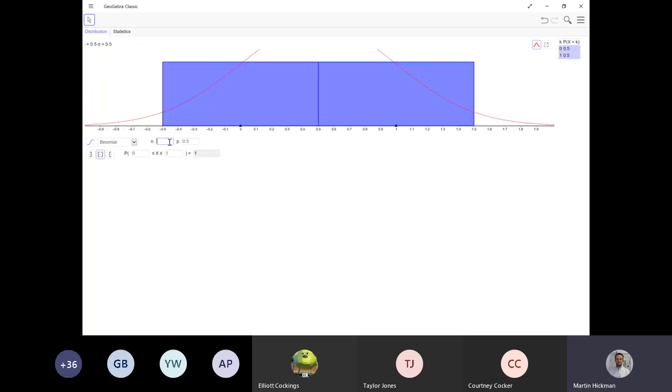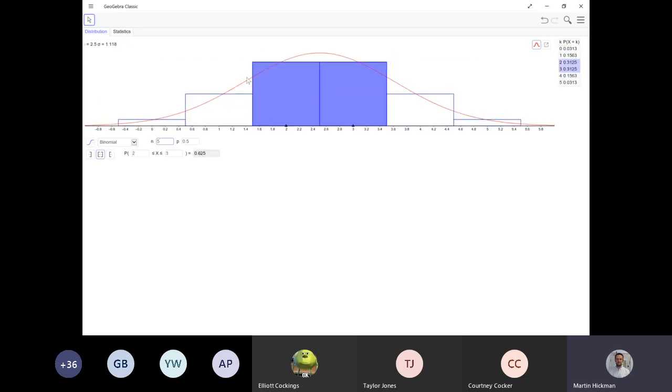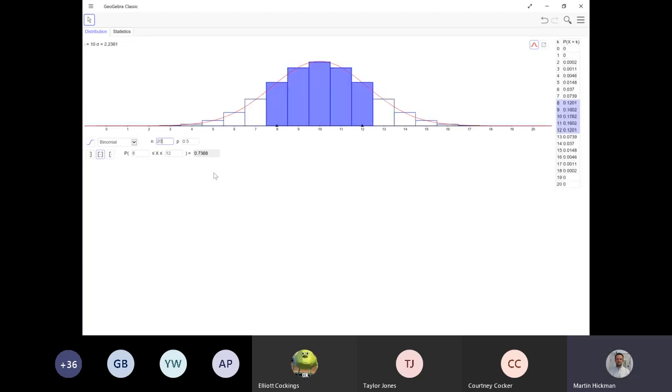If I make n small though, we can see that it's a bit off. So generally speaking, we want n to be a large number. When we say large, there's no right or wrong answer for what is large. Basically, the bigger the better. Typically we'd say about 20 or larger, but it does depend on the situation.